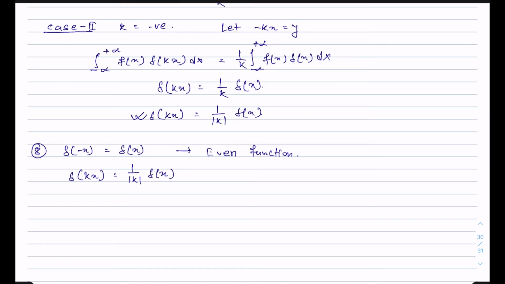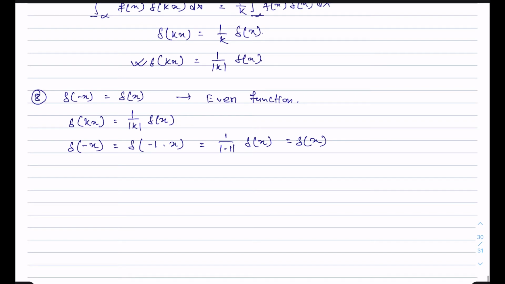Now to prove this property, let's take help of this relation, that is delta kx equals 1 over mod k delta x. Let's write delta of minus x as delta of minus 1 times x. So in this case, k is equal to minus 1, and from the above relation we can write it as 1 over mod of minus 1 delta x, and 1 over mod of minus 1 is equal to 1, so we can say that delta of minus x is delta x.